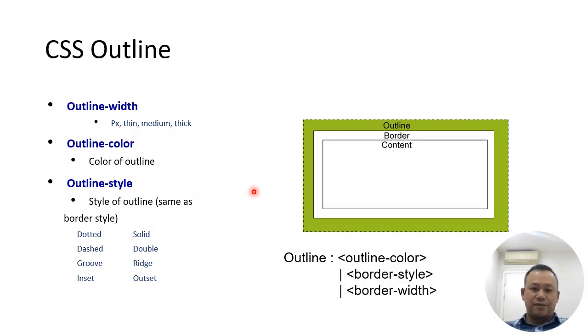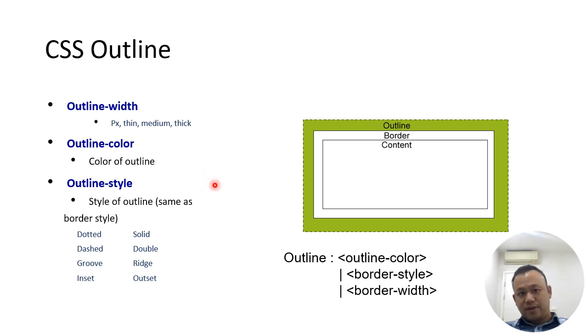CSS outline. Here we have outline, border, and content. An outline is a line that is drawn around an element, outside of the borders, to make the element stand out. The CSS outline property specifies the style, color, and width of an outline.